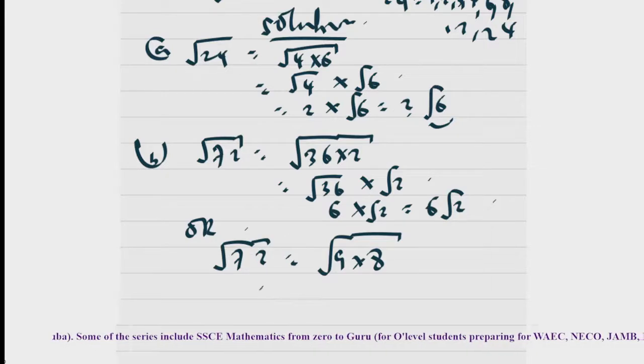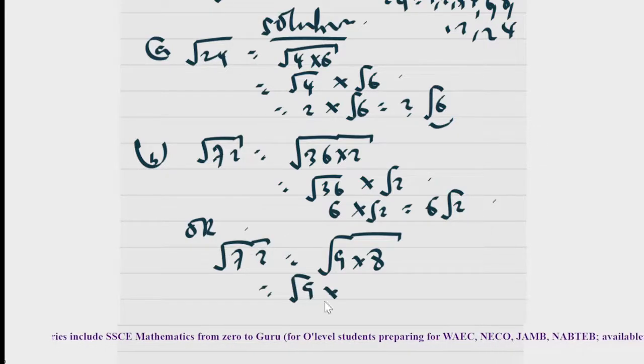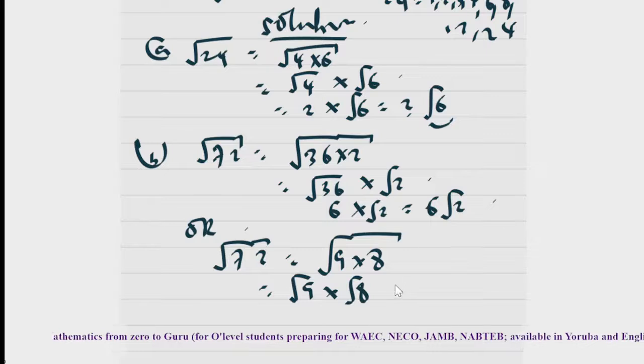Okay, let us split it again. That will give me root 9 multiplied by root 8. And you can as well split this 8 again, unlike 2, whereby there's no factor where one of the factors is a perfect square. Likewise for 6. So you understand that.